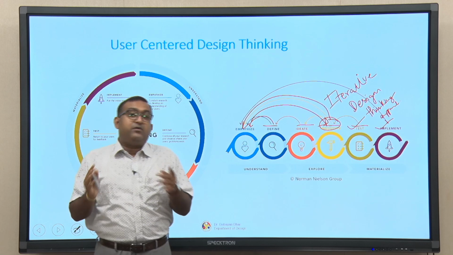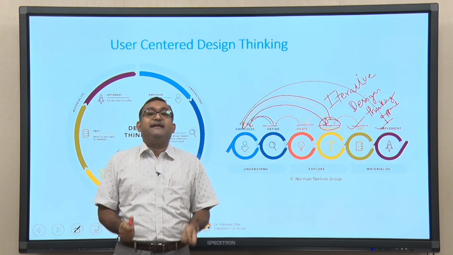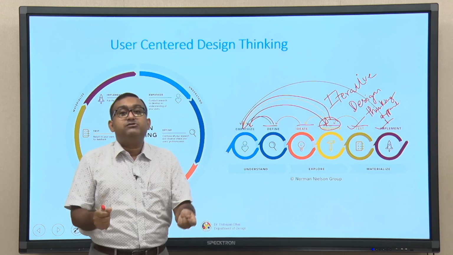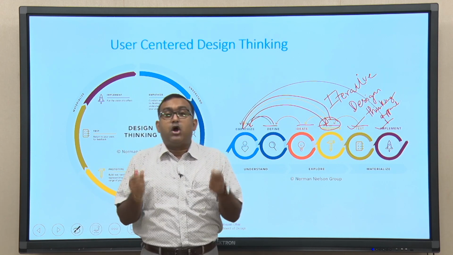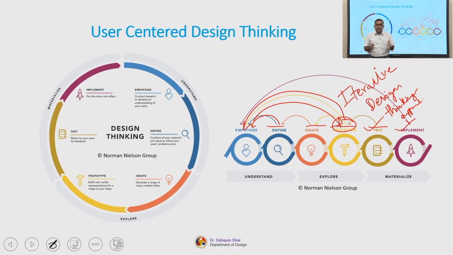So, why are we learning all these approaches? Our objective is to create a usable product, a product that ensures that users can complete the tasks effectively, efficiently and with a higher degree of satisfaction.